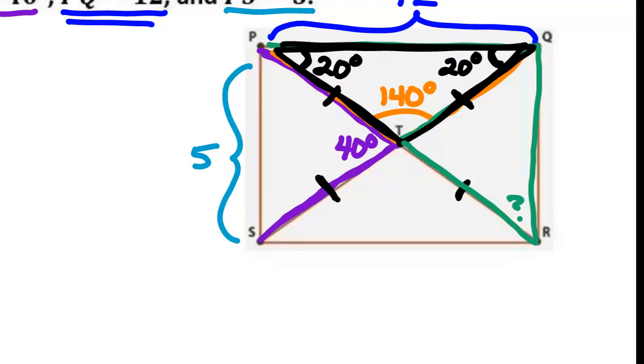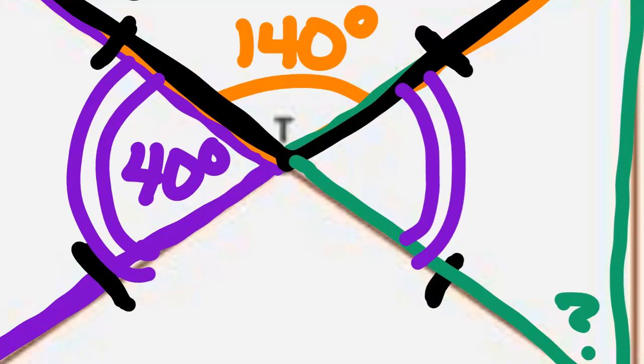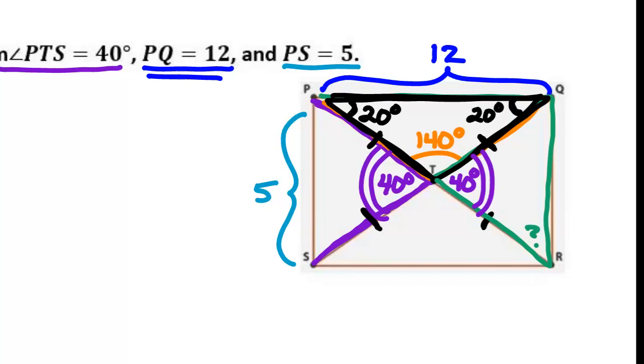Do I know the size of any of the angles in that triangle? Which one do I know? 40. These two angles right here are vertical angles, so they would be congruent. So this angle over here would be 40. So now I do know one angle there.